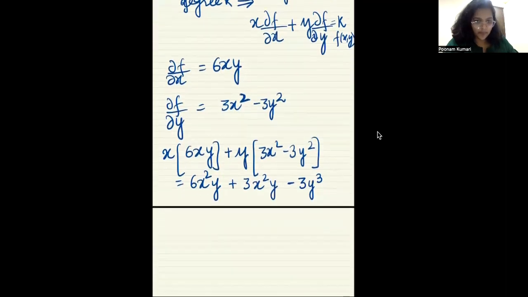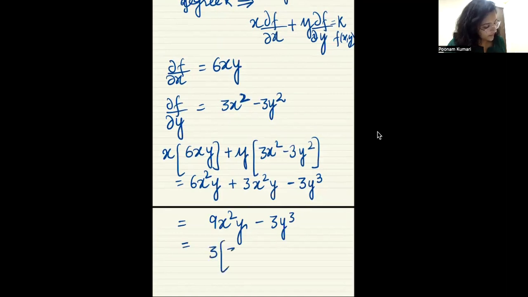Yes, ma'am. So after that, what do we get? 9x squared y minus 3y cubed. If I take 3 common, I have 3 times 3x squared y minus y cubed.